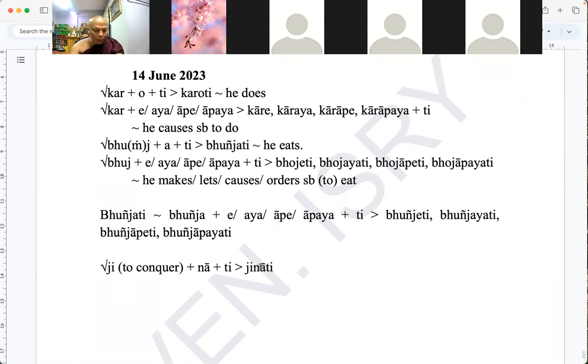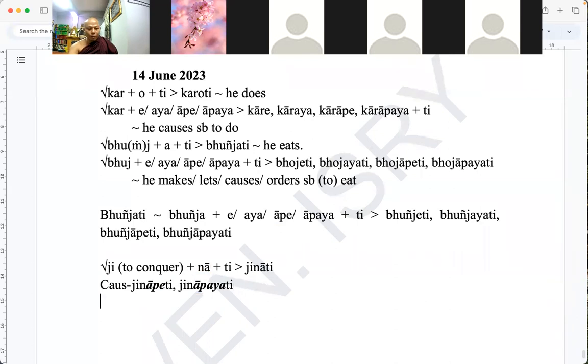And now at that time, here ape, and that is why we have it as a causative. So jinape with the ape, you see. Jinapeti and then jinapayati. So in this way. So we don't have jinayeti or jinayati, because the base is ending in the na.